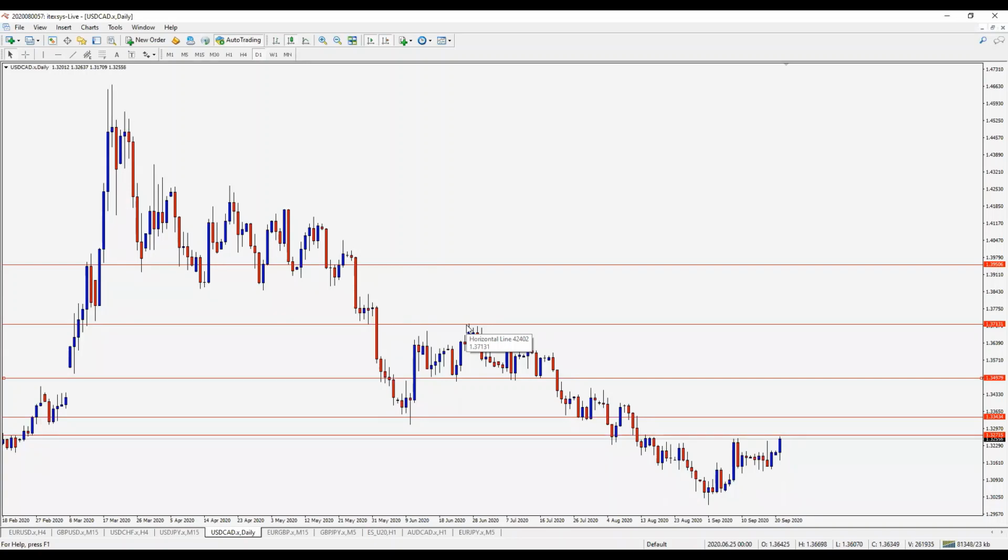So I don't think I will sell there on the first touch, but I won't be surprised if the price reacts if it reaches that level. But you can see the perfect reaction of the price for this supply, and that's what happened. So that's for the US dollar CAD.